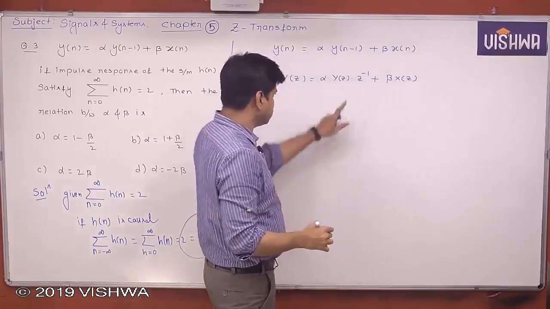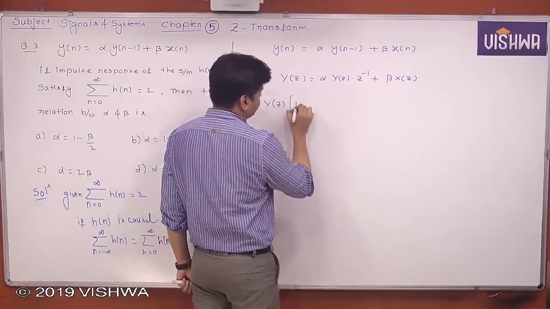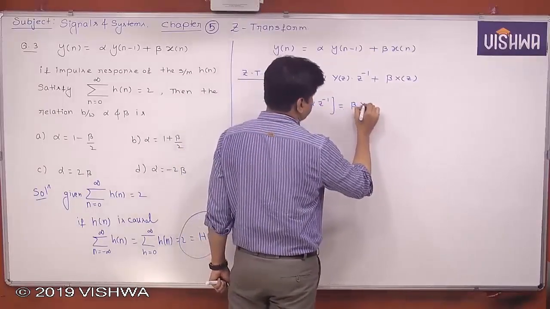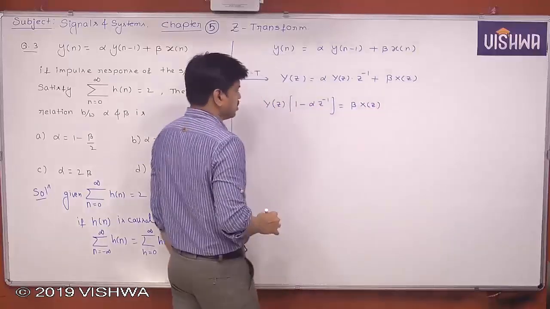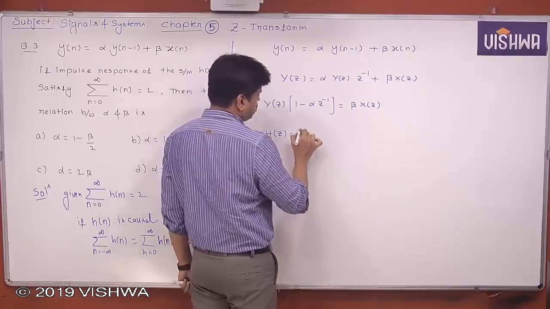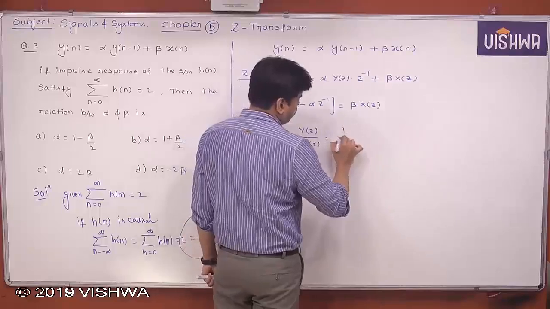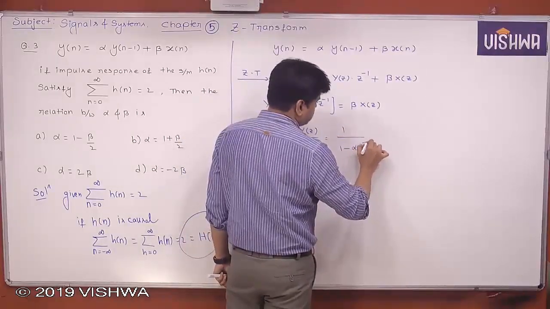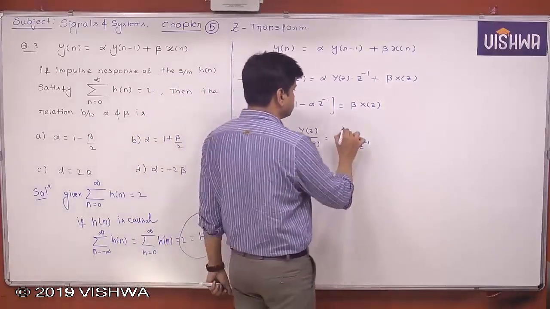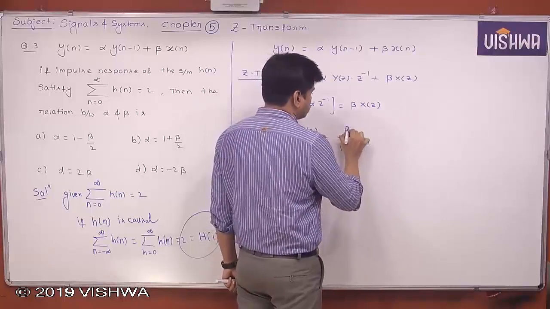Taking y of z common, 1 minus alpha z inverse is equal to beta x of z. From this, h of z is y of z by x of z, which is equal to beta by 1 minus alpha z inverse. This is what we got.